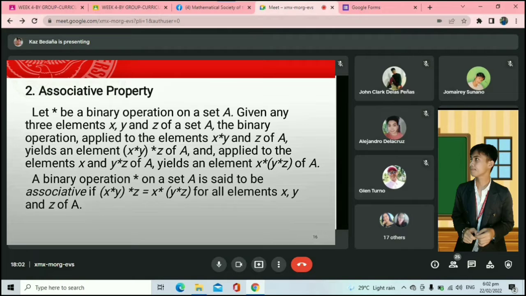Then a binary operation asterisk on a set A is said to be associative if (x asterisk y) asterisk z is equal to x asterisk (y asterisk z) for all elements x, y, and z of A.